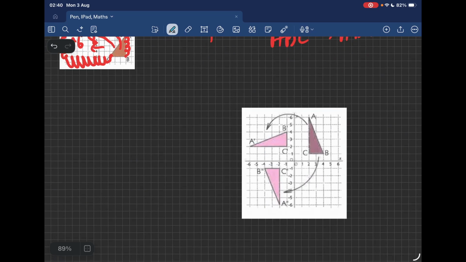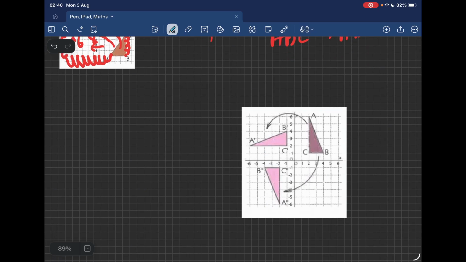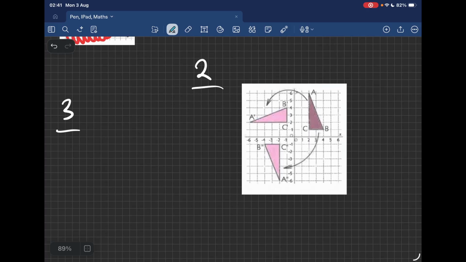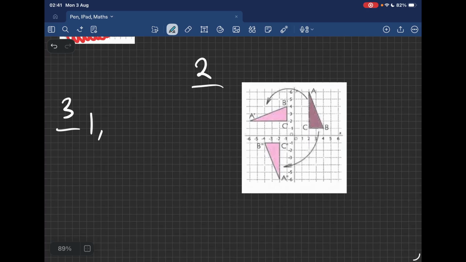Next one, we have got our rotations. People always forget one of these three rules when they talk about rotations. The first thing you need to state is the angle. Students, fine, they get that, perfect. Then you need to say the direction, so is it clockwise, anti-clockwise.